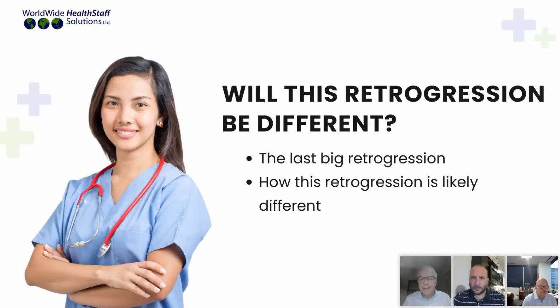Yeah, I think there are quite a few differences between what we saw in '09, '10, et cetera, when the retrogression was very large. And a few thoughts as to why I think it's different. First of all, as Chris just alluded to, the demand for international RNs and international workers, even in other non-healthcare occupations, has simply skyrocketed and continues to hold really strong in growth as opposed to tailing off.